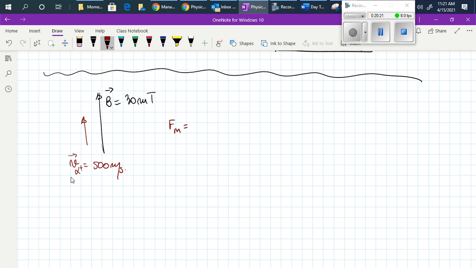What is the magnetic force that the alpha particle is experiencing? Since they are collinear, the magnetic force is equal to 0. So there is no deflection in this case.